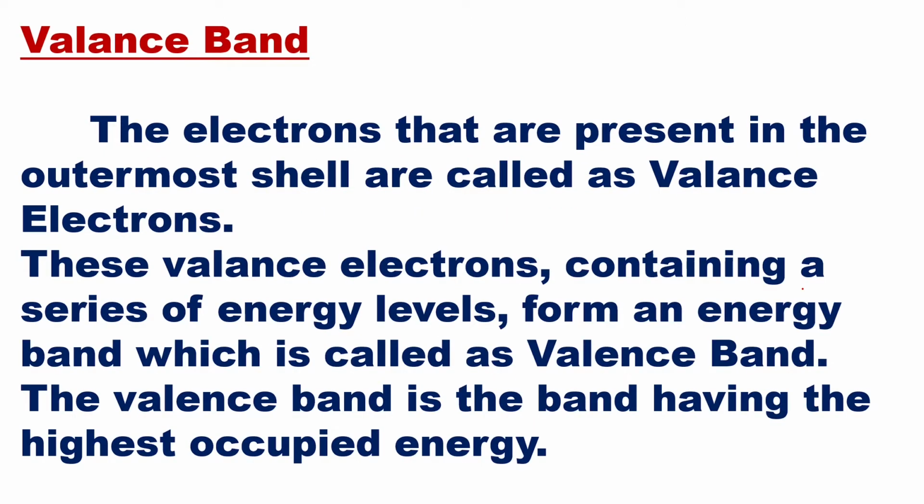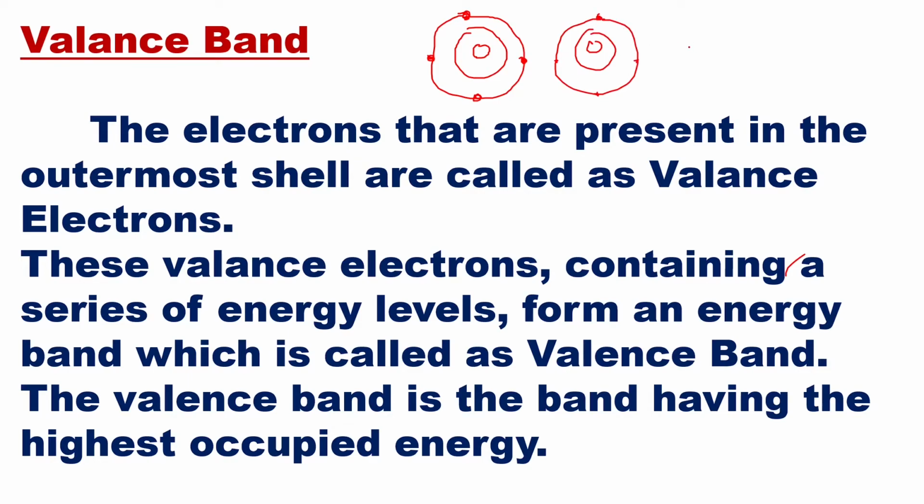Valence electrons are the electrons in the outermost orbit of an atom. So if you take one atom, you will have the nucleus and the orbits here. The outermost orbit has valence electrons. The energy associated with the electrons of one atom is called the energy level. If you have another atom, you will have valence electrons for this atom, so there are two energy levels. If you have another atom, again this atom will have its valence electrons.